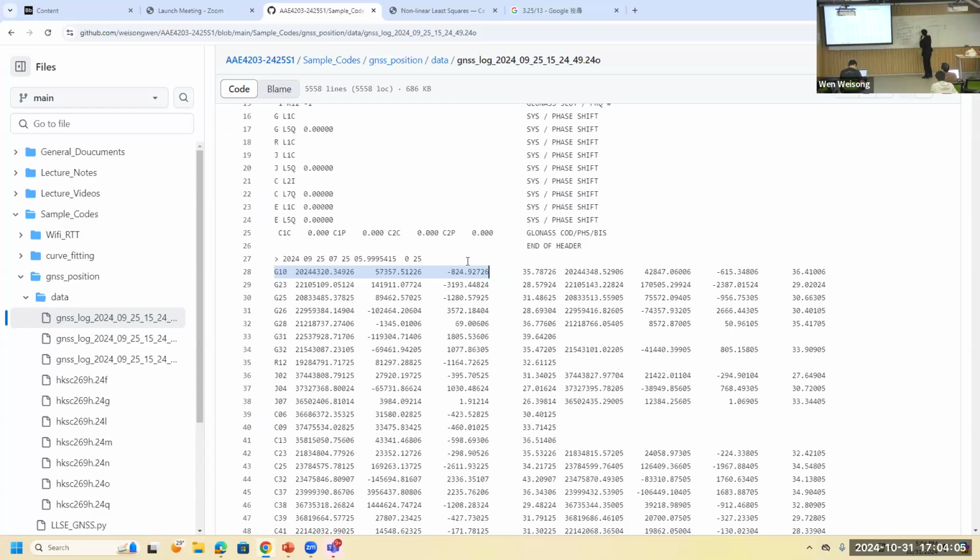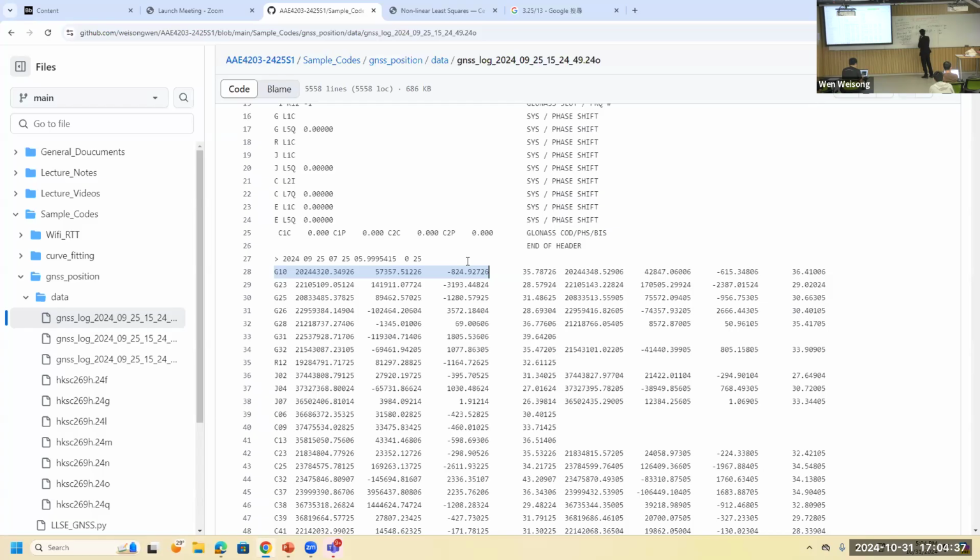The J is the partial derivative: x minus the satellite x over this square norm, y minus y over the same square norm, z minus z over the square norm, and this last one should be the speed of light, corresponding to the receiver clock bias. So this is for satellites G10 and G23.